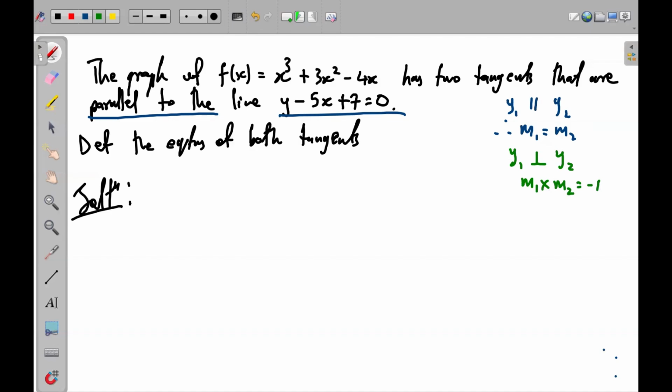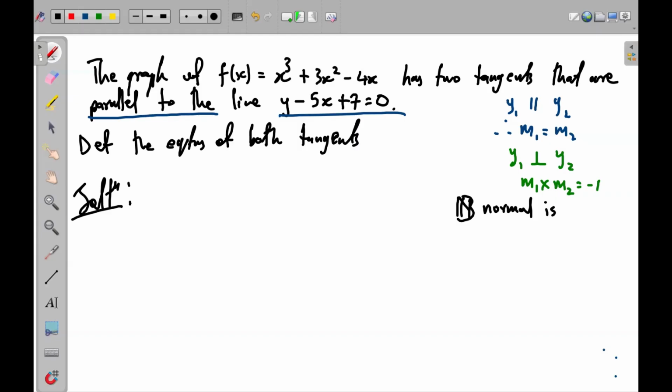Now, there is another word that might pop in, and I think I must just throw it in. Sometimes they might talk about a normal line. A normal is actually a line which is perpendicular. So please note that a normal is perpendicular to a tangent.